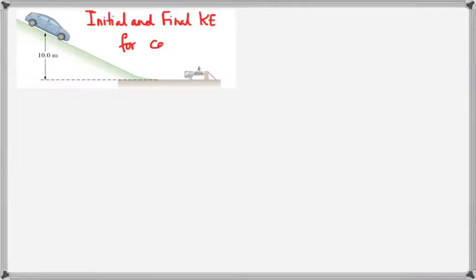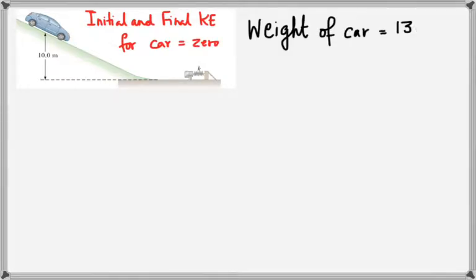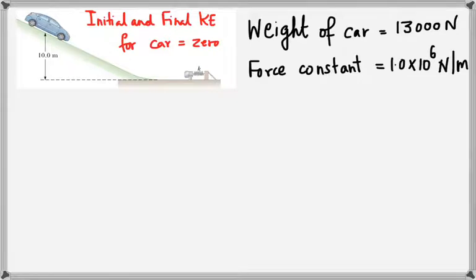Now we are going to look at an example where we apply the law of conservation of energy to an example which has a spring. Here the initial and final kinetic energy of the car is equal to 0. It's given to us. The weight of the car is given.